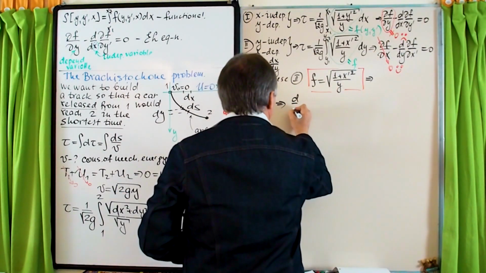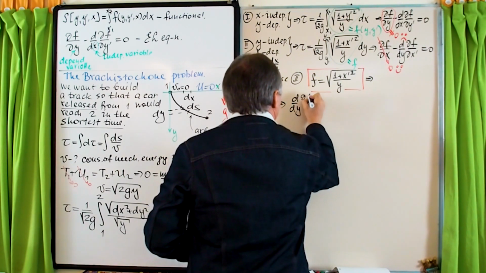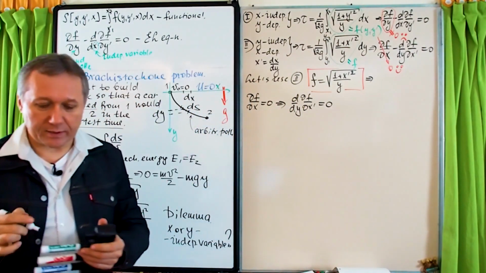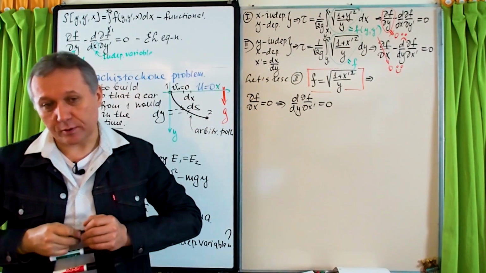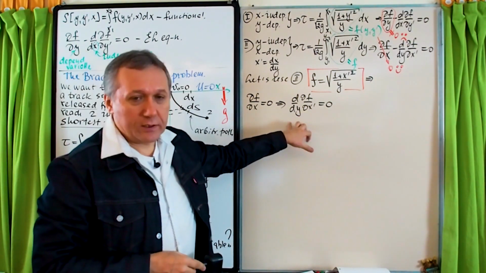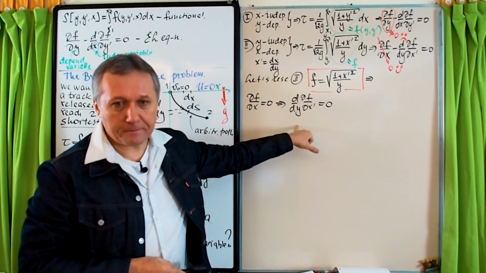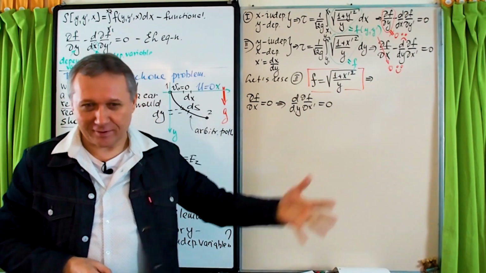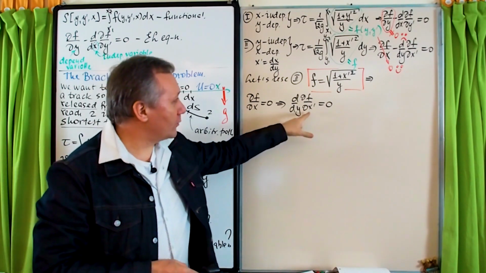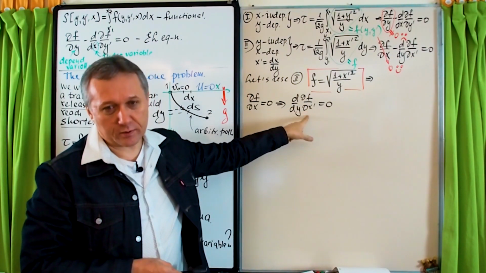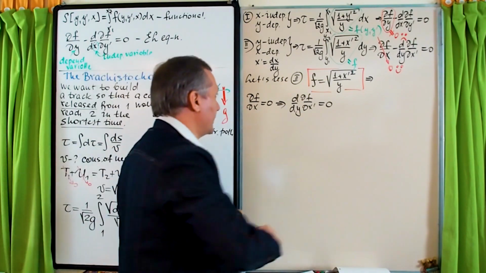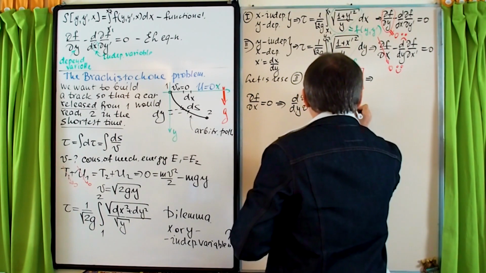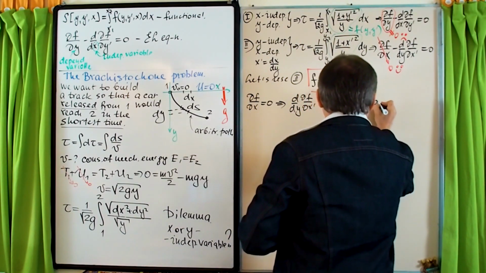Let me write, so first d over dy of df over dx prime equals 0. And again, like in the previous lecture, I emphasized that because some students still do it: don't differentiate with respect to y, because you will go back to the second order differential equation. It's just redundant work. In this case, df over dx prime is just some kind of constant.